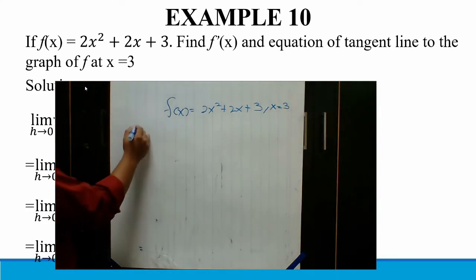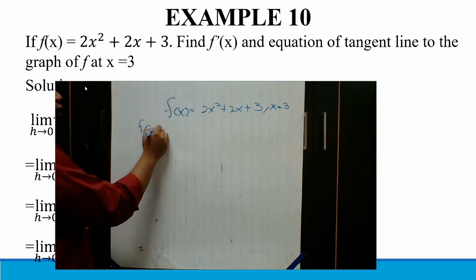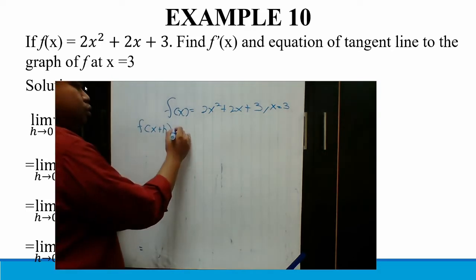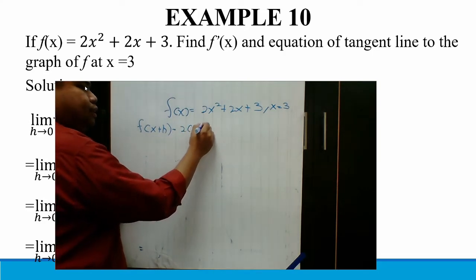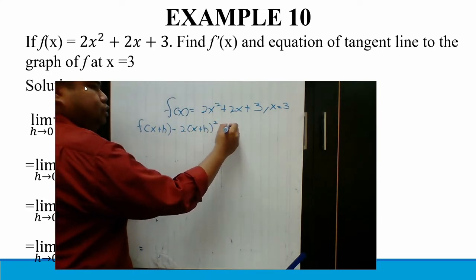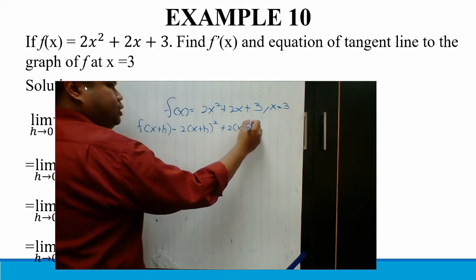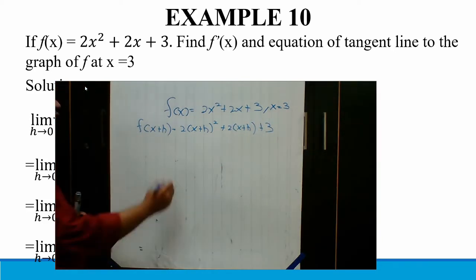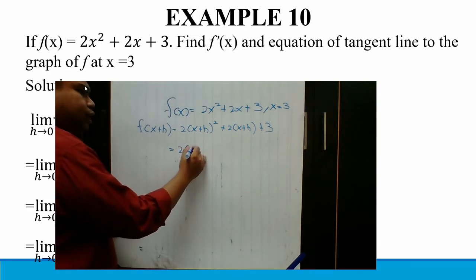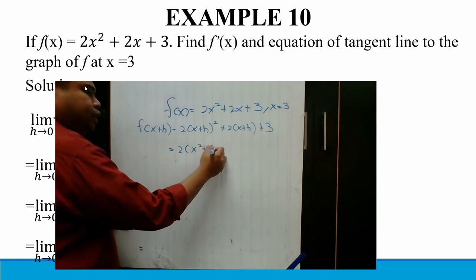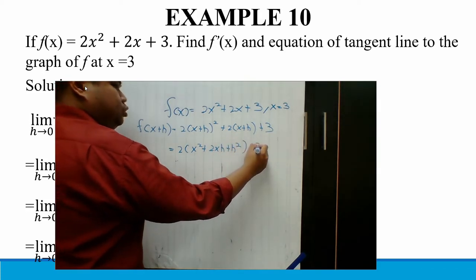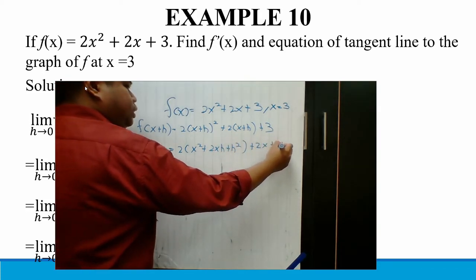First you find f(x+h). f(x+h) equals 2(x+h) squared plus 2(x+h) plus 3, which means 2x squared plus 2xh plus h squared plus 2x plus 2h plus 3.